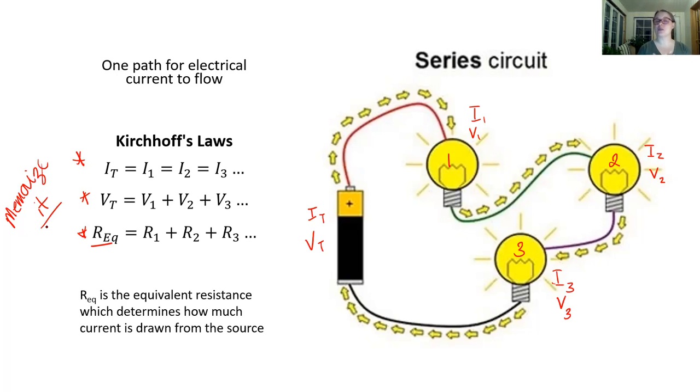Now, some of them you don't have to memorize too much. If you think, well, current is the same everywhere because there's only one path. If you know the definition of a series circuit being only one path for current to flow, that should help you remember that current is the same everywhere, and then resistance adds and voltage adds.